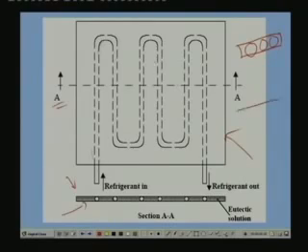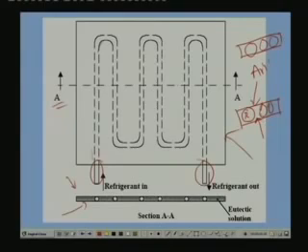That means you take two plates and put this serpentine coil and close all the edges, and have the inlet and outlet. Now you have some space between the refrigerant. This is the refrigerant tube. These are the refrigerant tubes, and this is the plate over which your air flows, or whatever is the external fluid that flows.